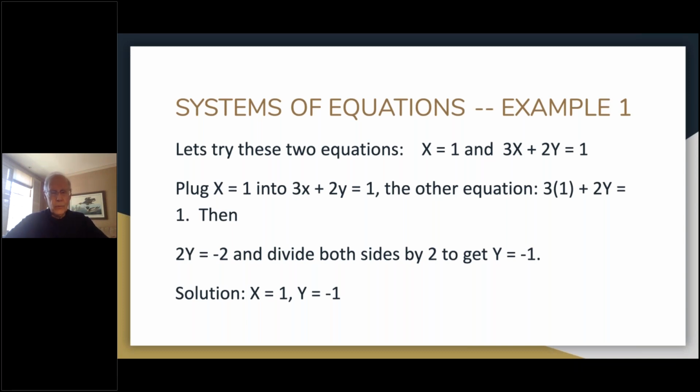We got 2y equals minus 2. Then get the final answer by dividing both sides by 2 to get y equals minus 1. Okay, we know x was equal to 1. We were given that. And y then is equal to minus 1. So we got the answer. x is 1, y is minus 1.